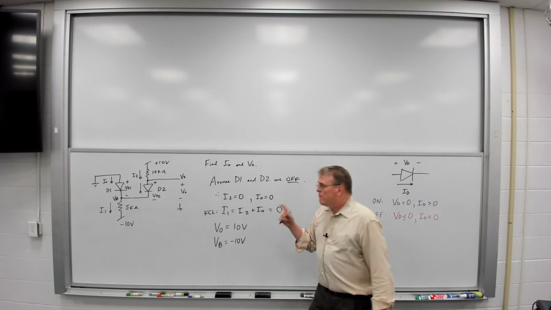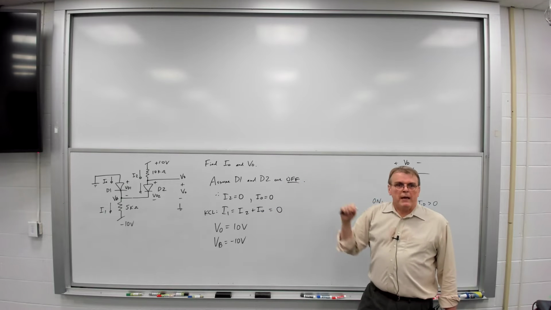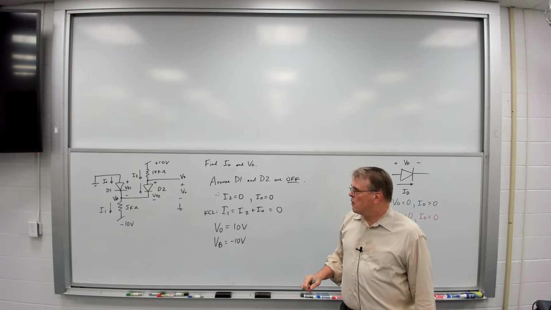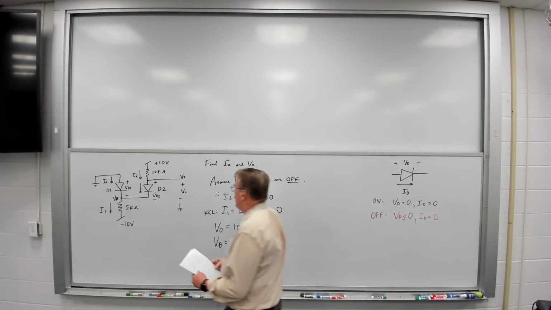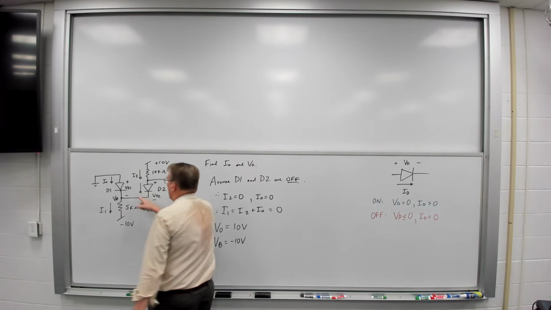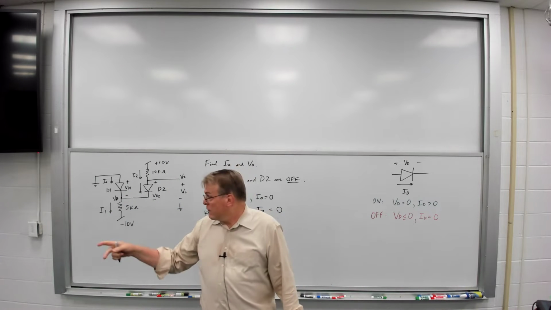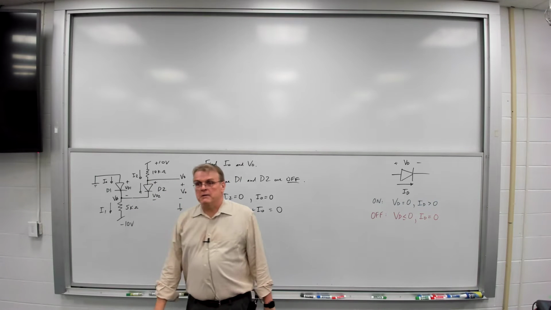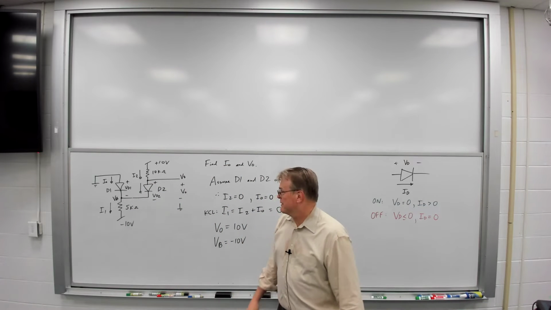So here are our voltages. We've calculated our voltages and we have our currents. What does this tell us? If both of these diodes are off, then the voltage across each of those diodes had better be negative.